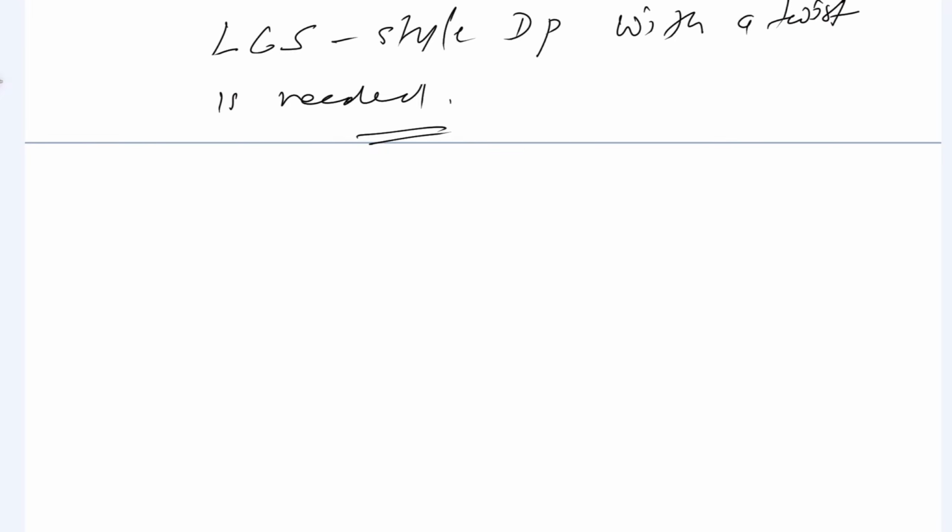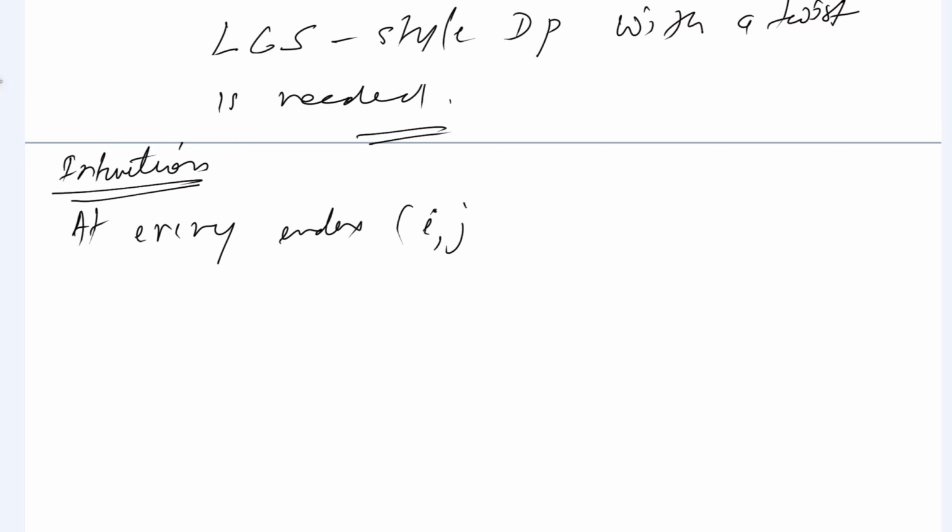Very first, what is the intuition here? At every index, say i and j, we have three choices.